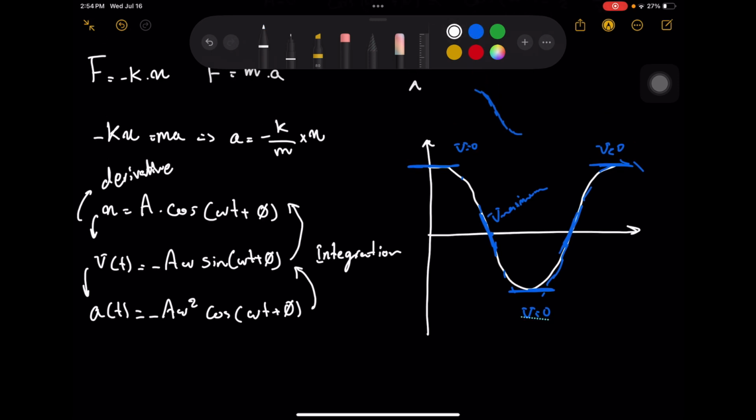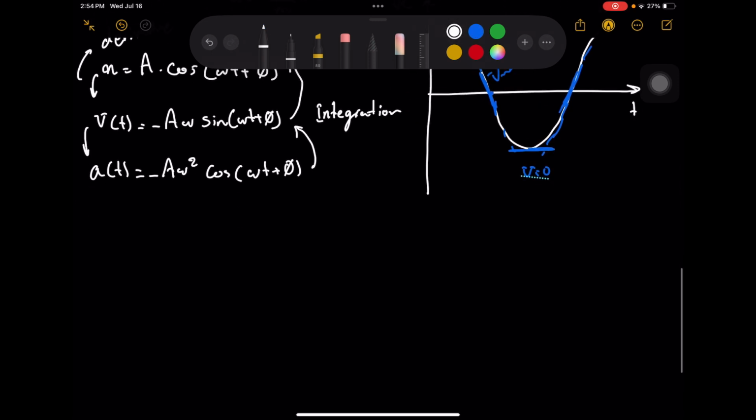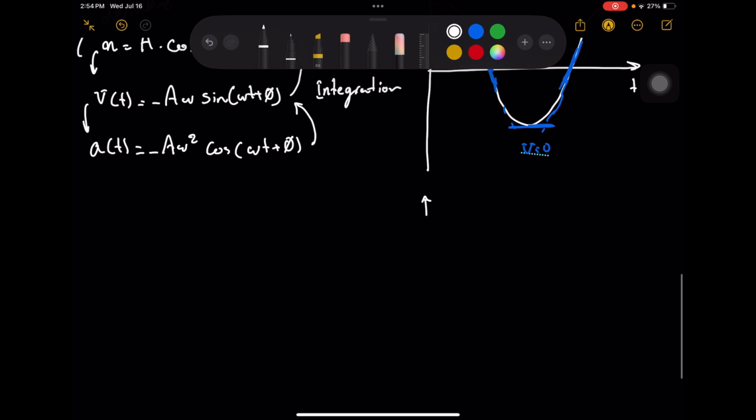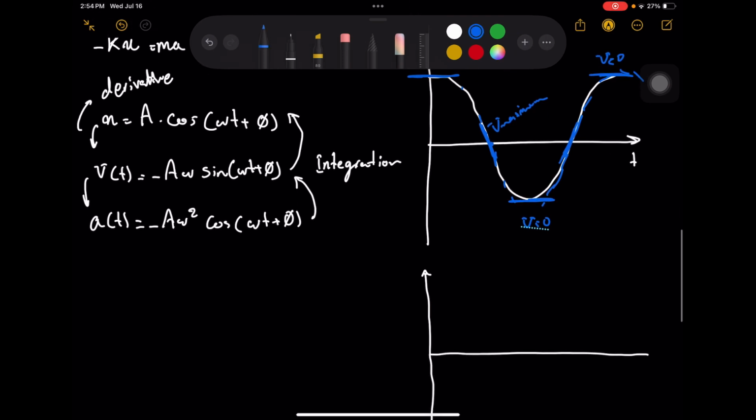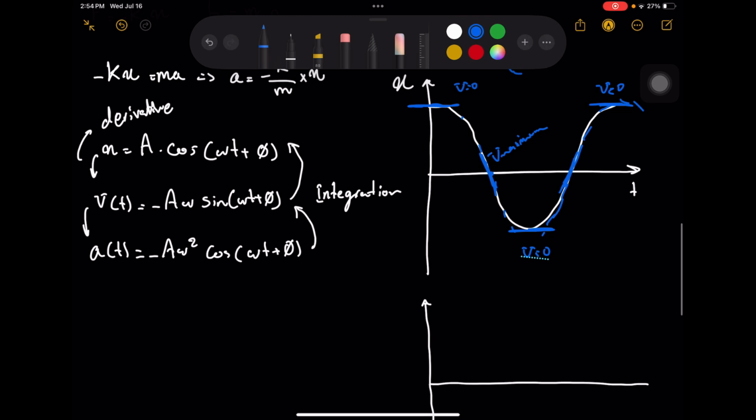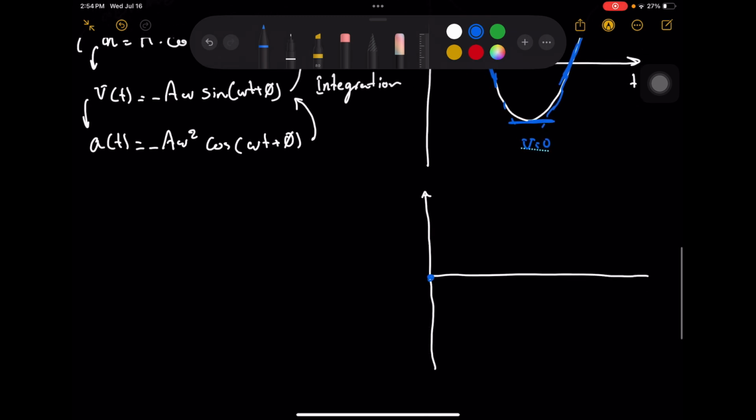So this is our position graph, and if you take the derivative of it and use the graph that we just drew, we draw the velocity graph. Notice that here is 0, right? So we start at point 0, not the amplitude. And these are not called amplitude anymore, they are omega A, as we wrote, and omega is 2 pi f.